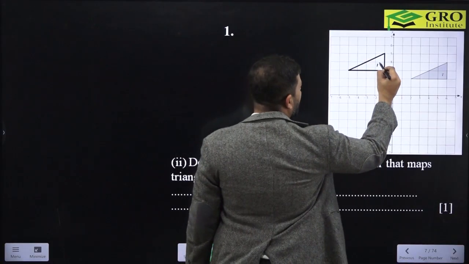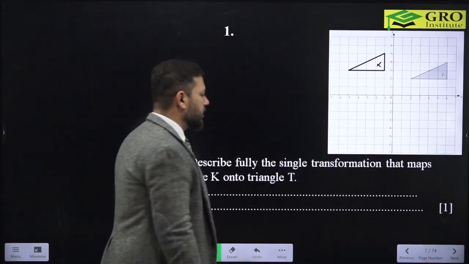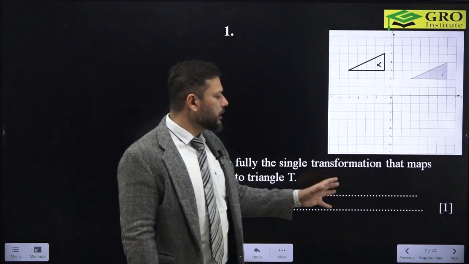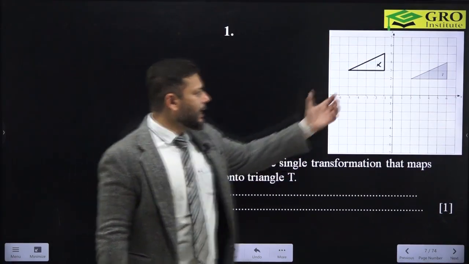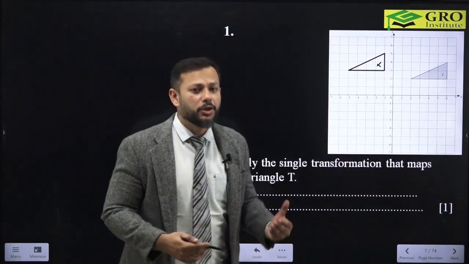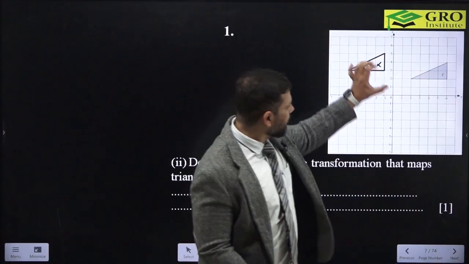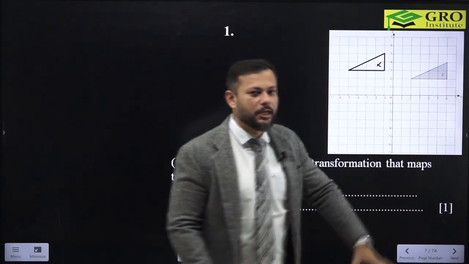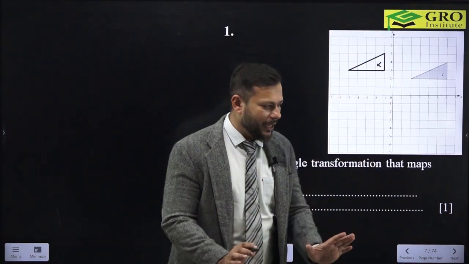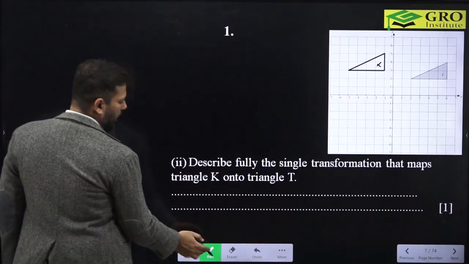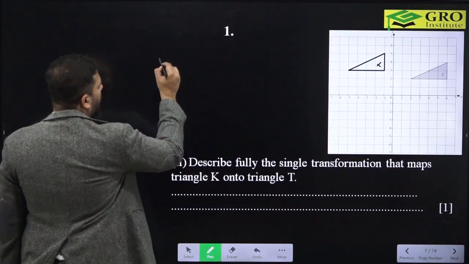So now I have to describe fully the single transformation that maps triangle K onto triangle T. That means I'm just asking, what should I do to get this triangle K back to the position where the triangle T already is? So guys, we know that from T to K, what did we do from T to K? Let me just write.